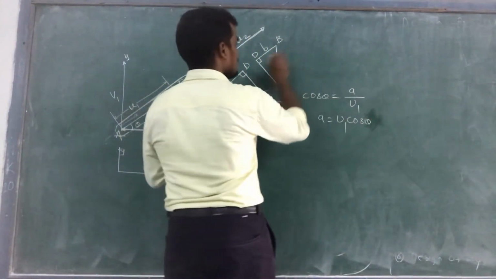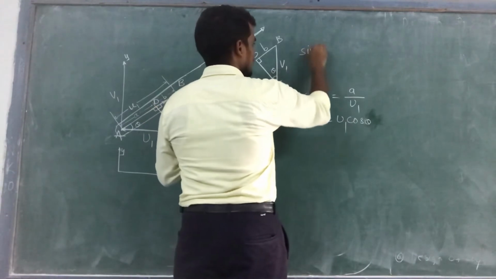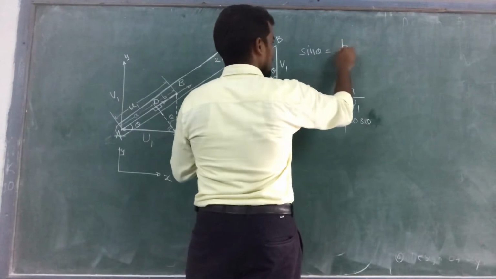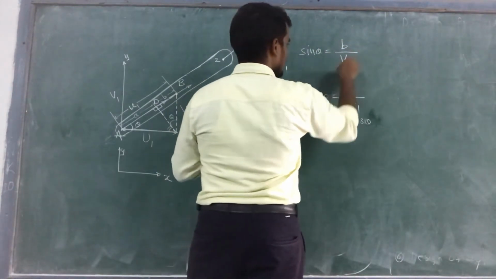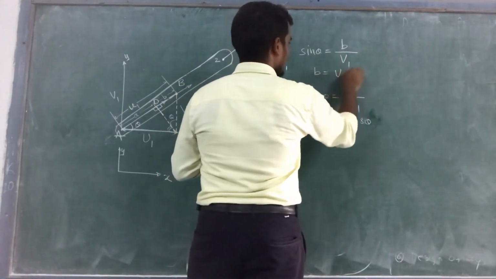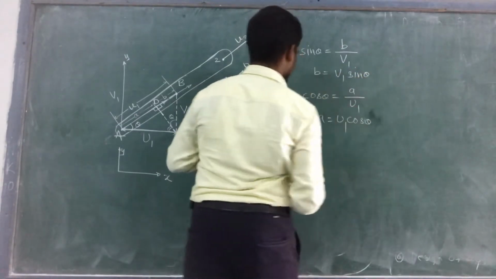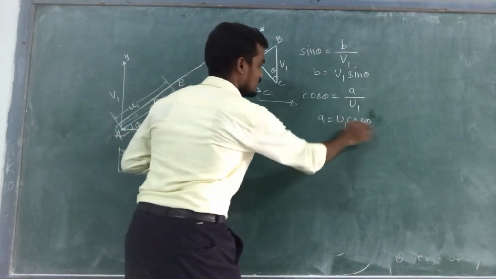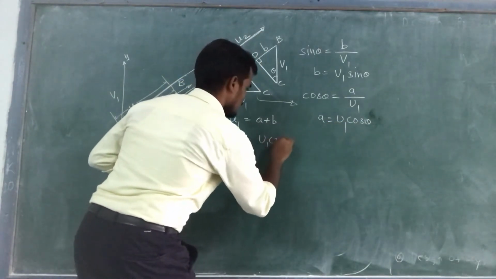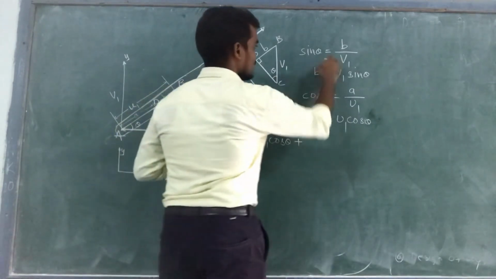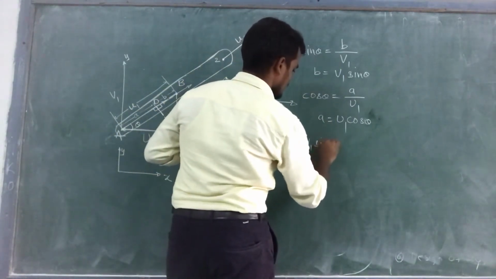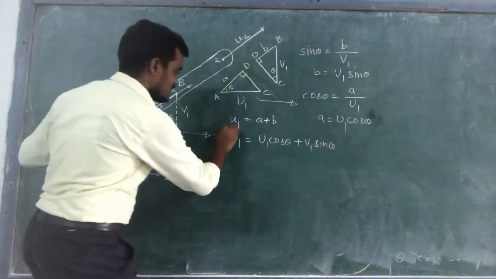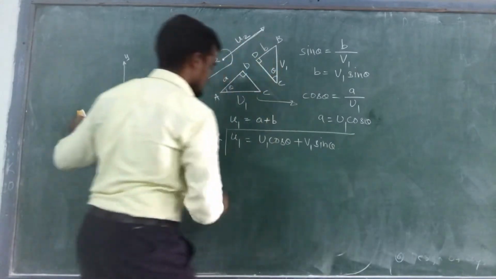Similarly, sin theta is equal to opposite divided by hypotenuse, so B divided by V1, so B will become V1 sin theta. So in this way, you will get u1 as A plus B, which is U1 cos theta plus V1 sin theta.